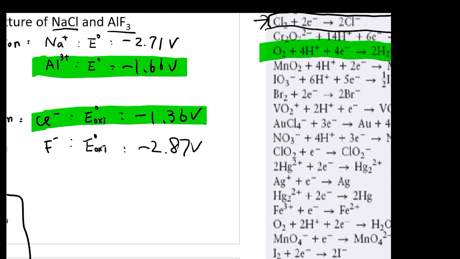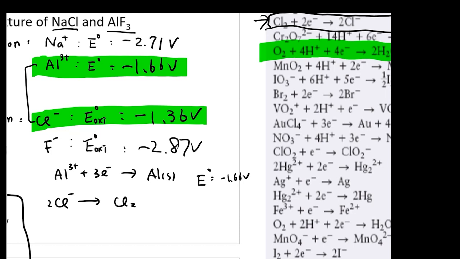In the end, the overall reaction should be a combination of these. Al3 plus is going to get reduced to become Al solid, and your E naught is equal to negative 1.66 volt. For your oxidation, 2Cl minus becomes Cl2 plus 2 electrons, and your E naught oxidation is negative 1.36.